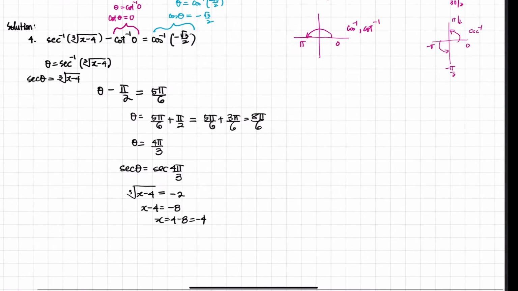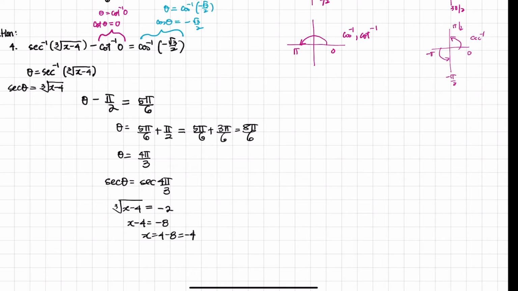And then the last step, you have to check that your answer is correct. So, checking. If x is equal to negative 4, magkakaroon tayo dito ng secant inverse ng cube root of negative 8, which is secant inverse ng negative 2, minus, ito kinompute na natin, pi over 2.